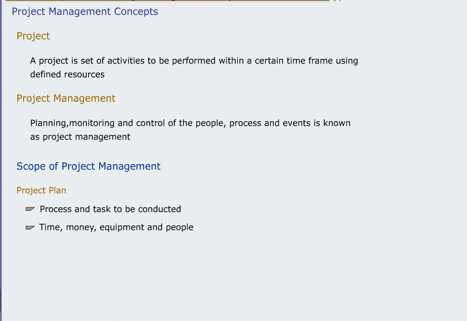These resources may be time, money, equipment and people, etc. The project plan defines the process and tasks to be conducted, the people who will do the work, and the mechanisms for assessing risks, controlling change, and evaluating quality. A project plan is produced as management activities commence.